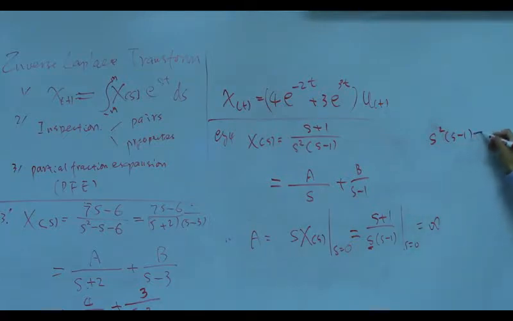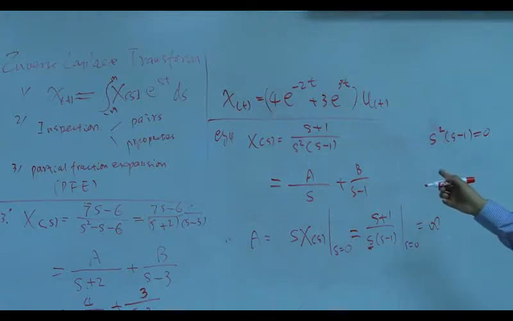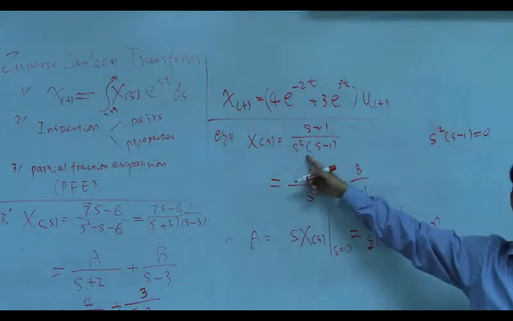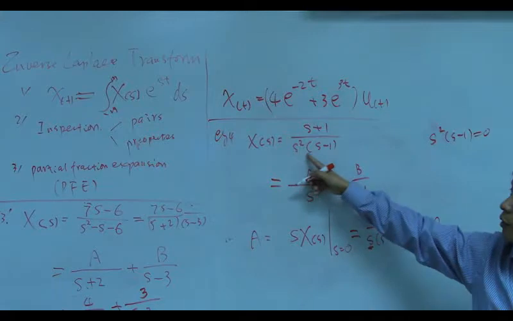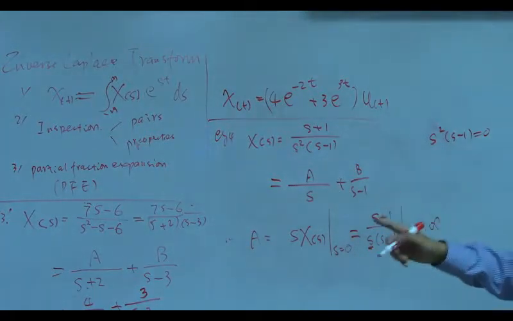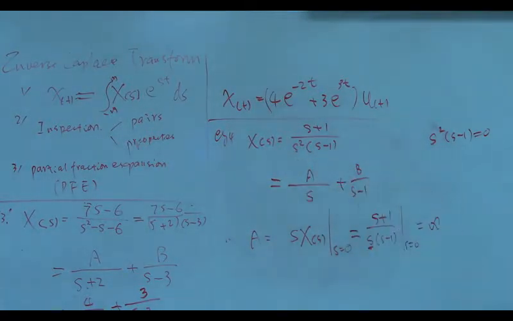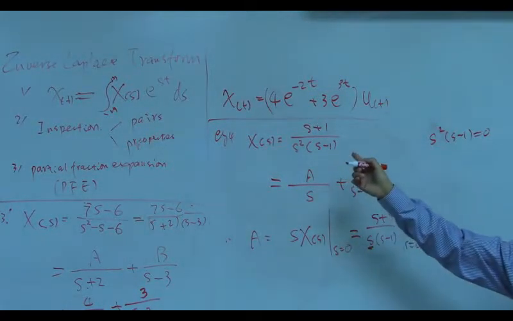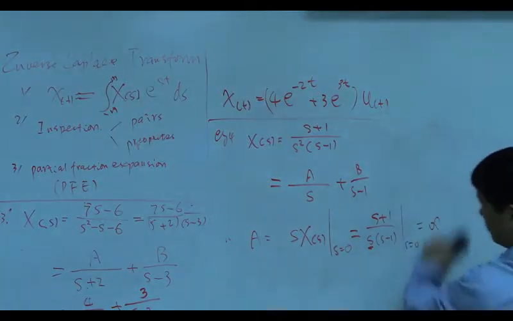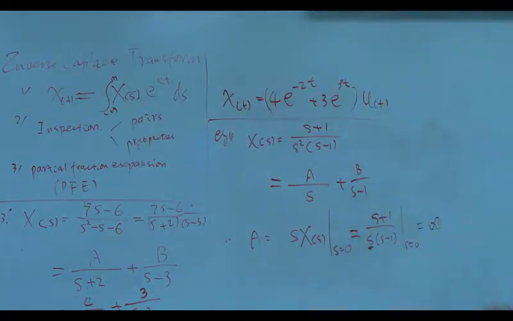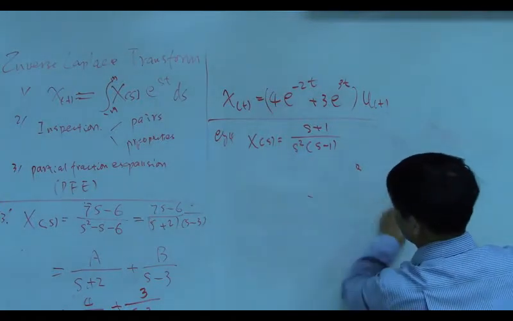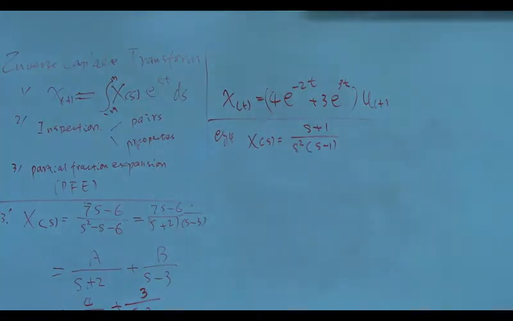How many roots do we have here? In theory, we need to have 3 roots. But what we have here is only 2. One is 0, the other one is 1. But actually, this 0 is a double root. That means the first one is 0, the second one still equals 0, then the next one equals 1. So for this kind of problem, this method is not working.